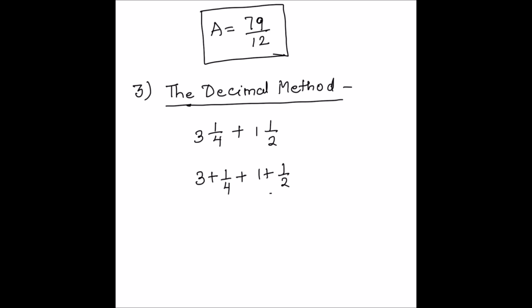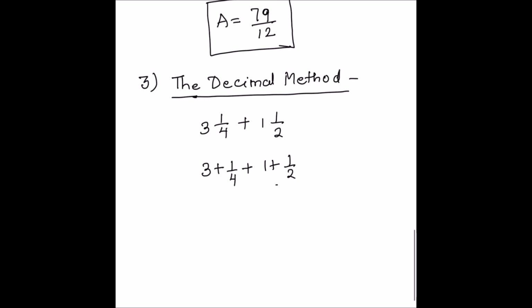As these are easy fractions, we can convert them into decimals. So 1/4 will be 0.25 and half will be 0.5.